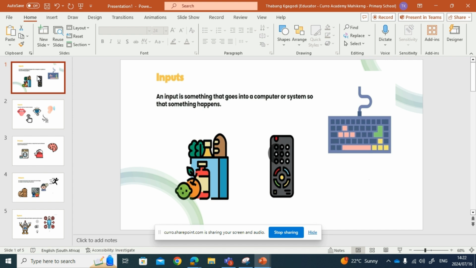When you want to make coffee, you're gonna need a tea bag, sugar, and a cup. Those things we call inputs because they are not yet processed, right? So I hope I'm clear on what inputs are.